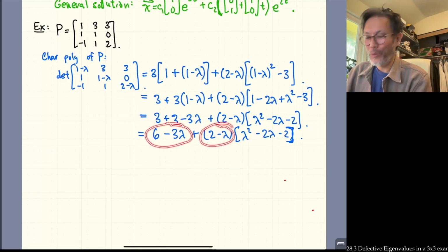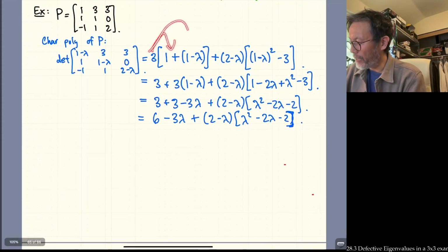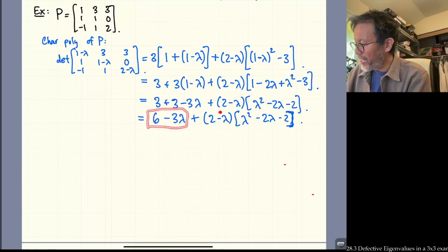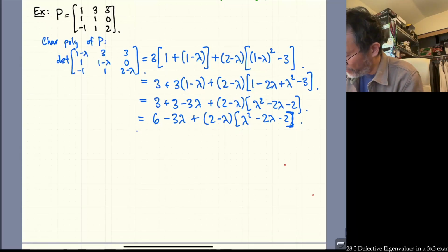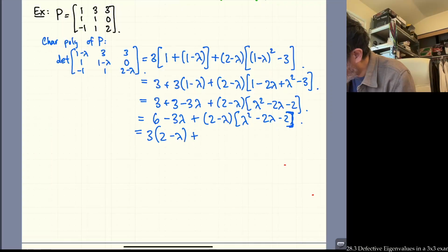And so what I can do is rewrite, sorry, I probably shouldn't have distributed up here. That was a little redundant. But in any case, this is 3 times this. That's what I'm seeing with my eyeballs. So I can rewrite this as 3 times (2 minus lambda). Now, do you see why that's cool?